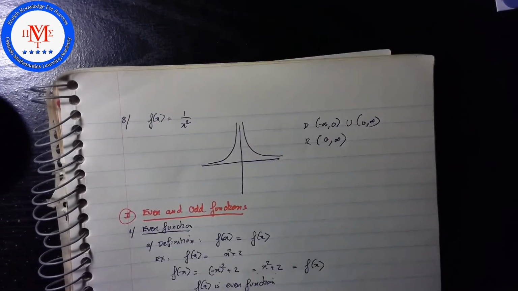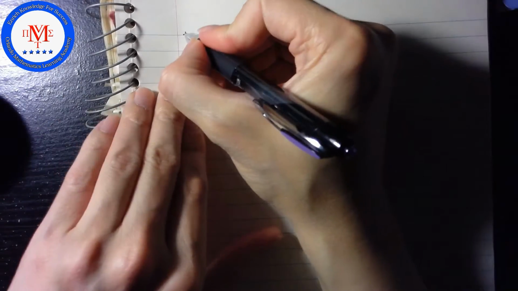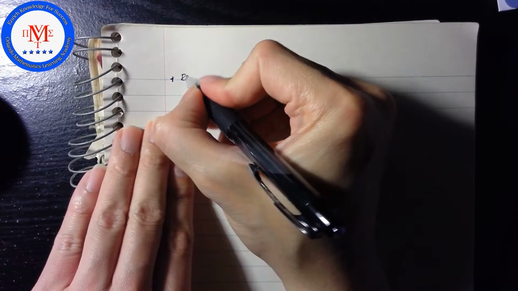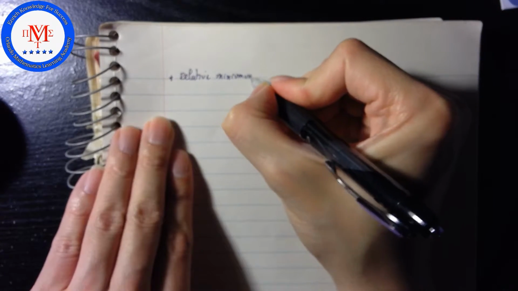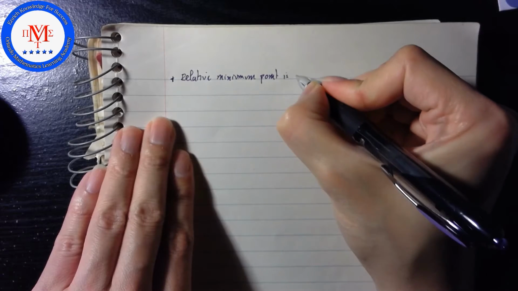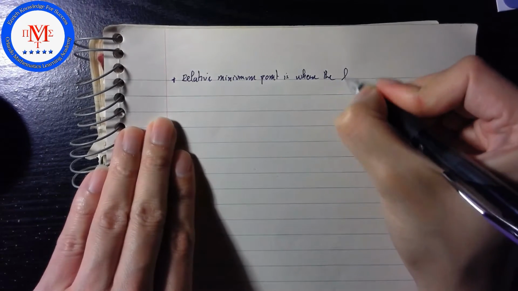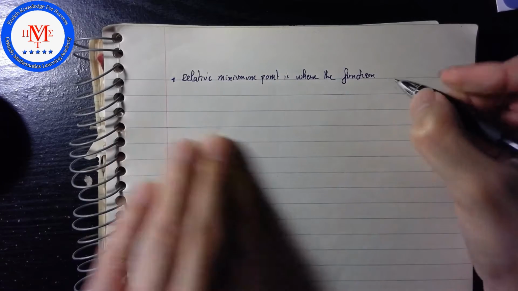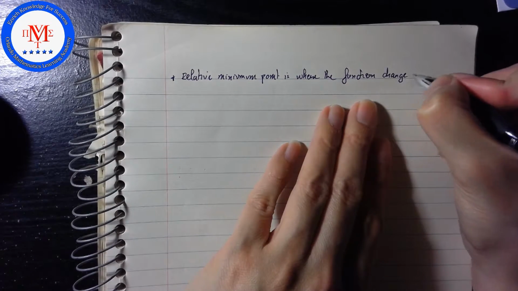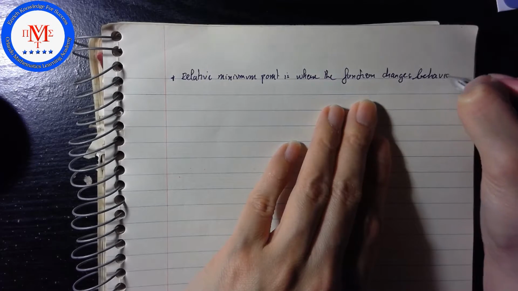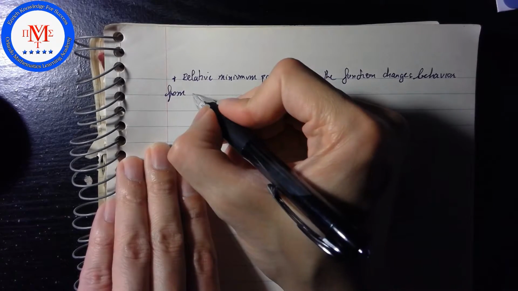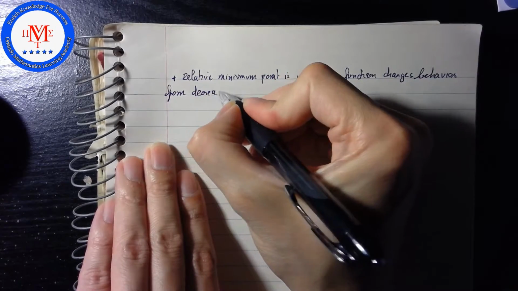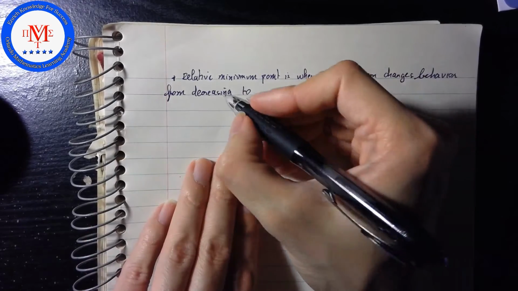And a relative minimum point is where the function changes behavior from decreasing to increasing.